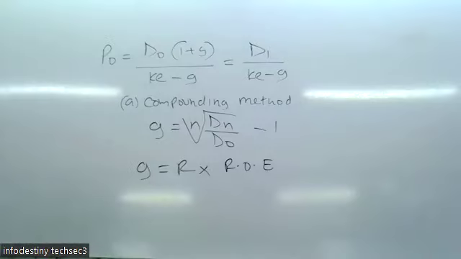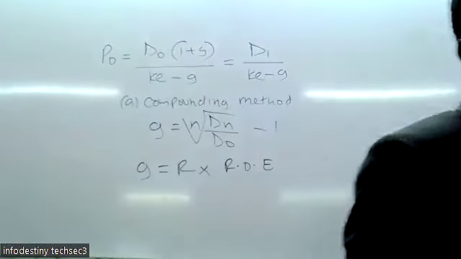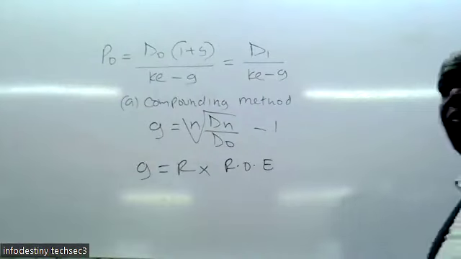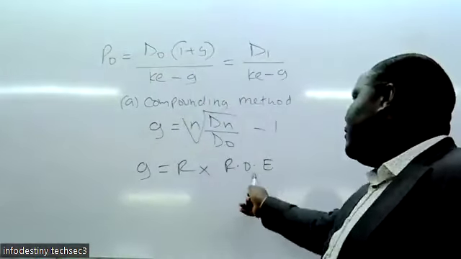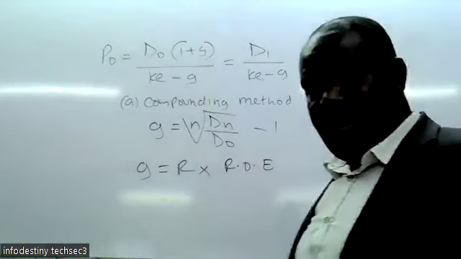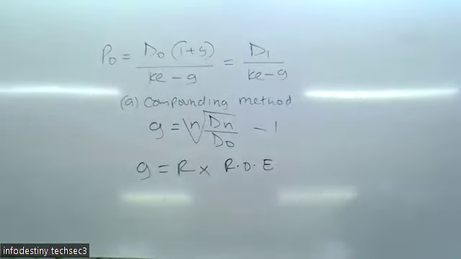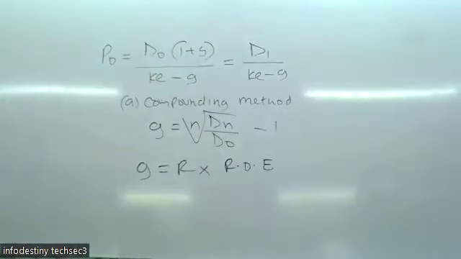Where R is the retention ratio of the profits, and this other one is the return on equity. I will be using questions to demonstrate that.